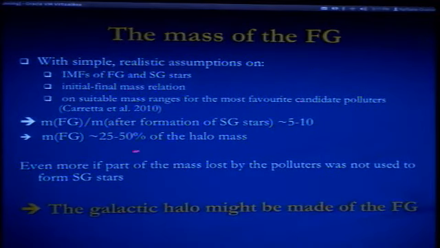At the end, you conclude that the galactic halo might essentially be made by these first generation stars. Most of the mass of the galactic halo, possibly 50%, but possibly more, may come from these big episodes of star formation that at the end produced the globular cluster, which is a small output of a much bigger event.